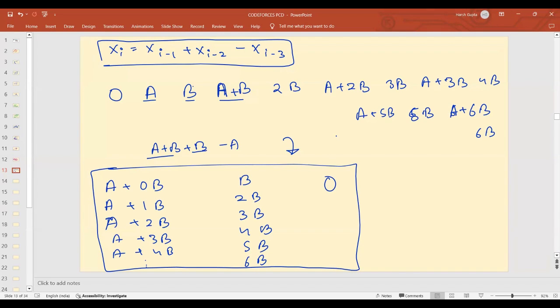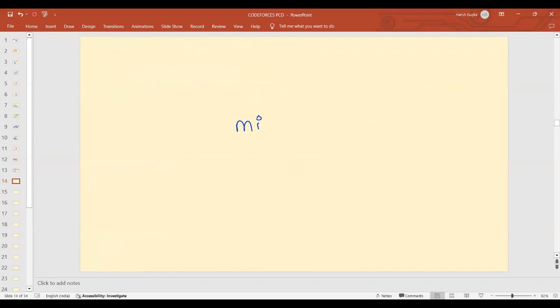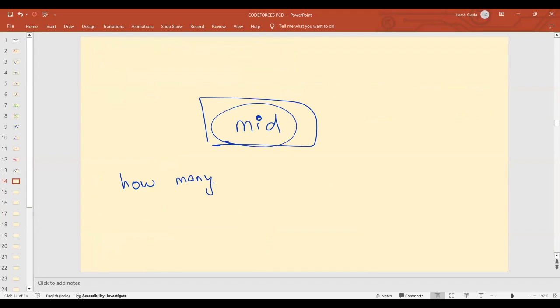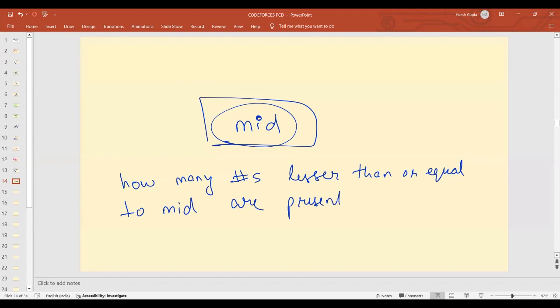Now I ask you a simple question. If I give you a number mid, can you tell me how many numbers lesser than or equal to mid are present in this sequence?